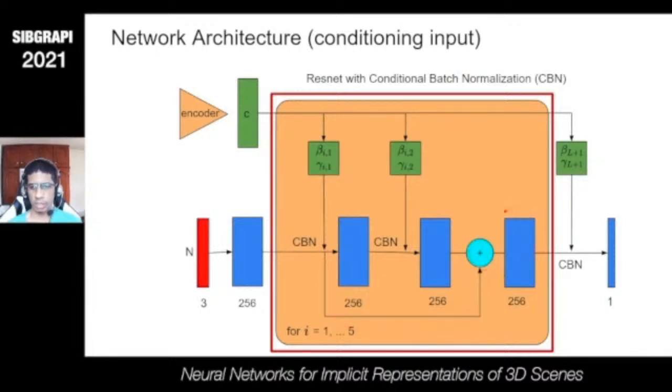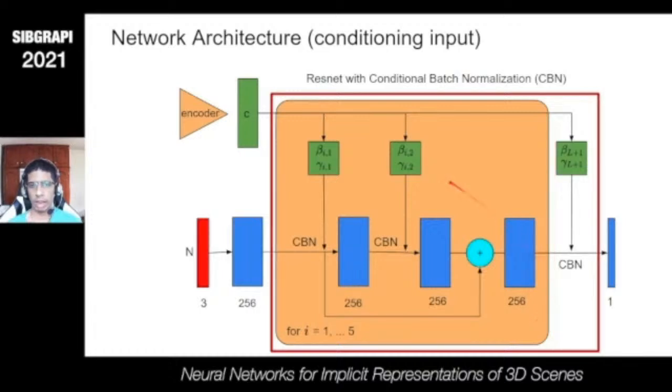Then the network architecture has an additional layer with 256 neurons. Then after this loop from 1 to 5, you have an additional conditional batch normalization, which is done in the same way as before.